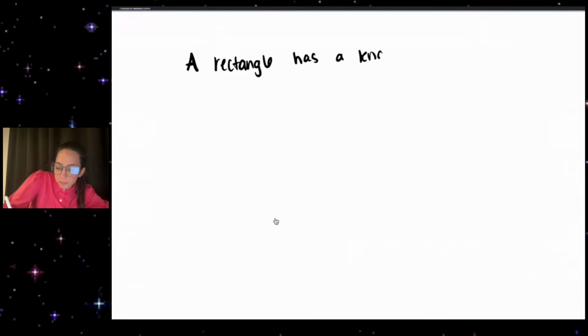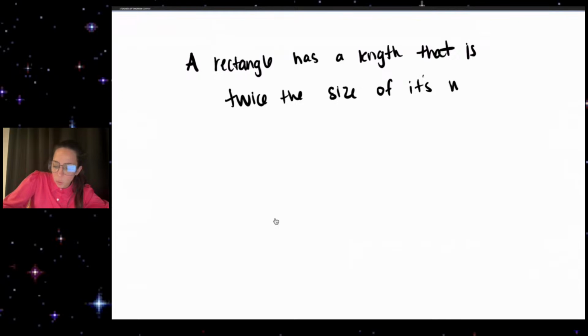So the question says, a rectangle has a length that is, this is a great problem for everyone, twice the size of its width.